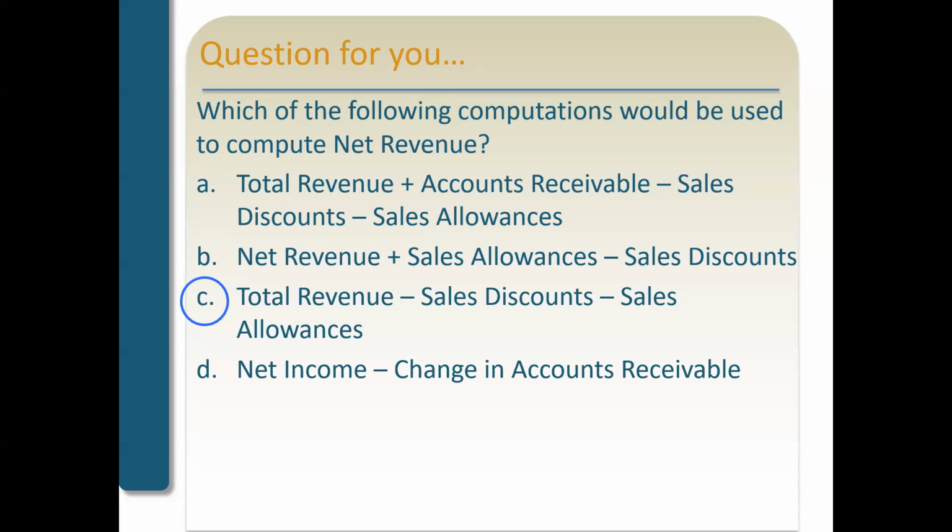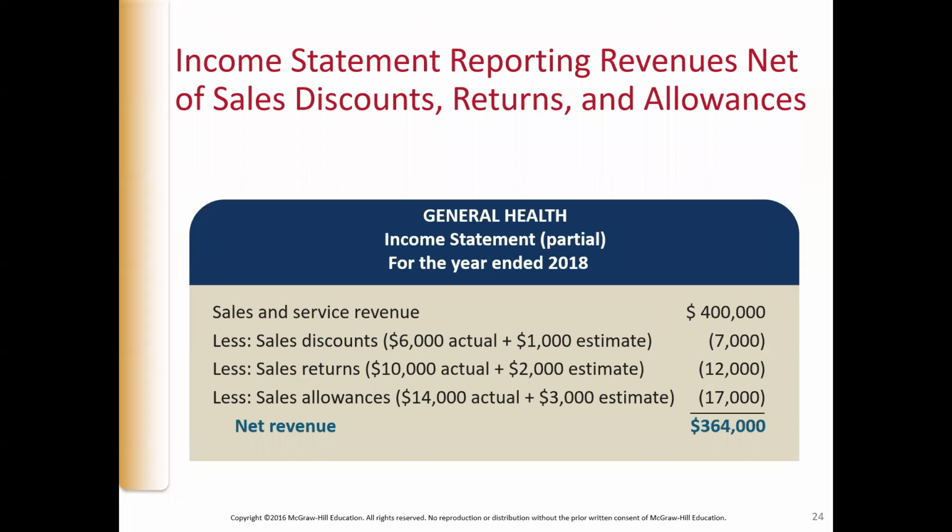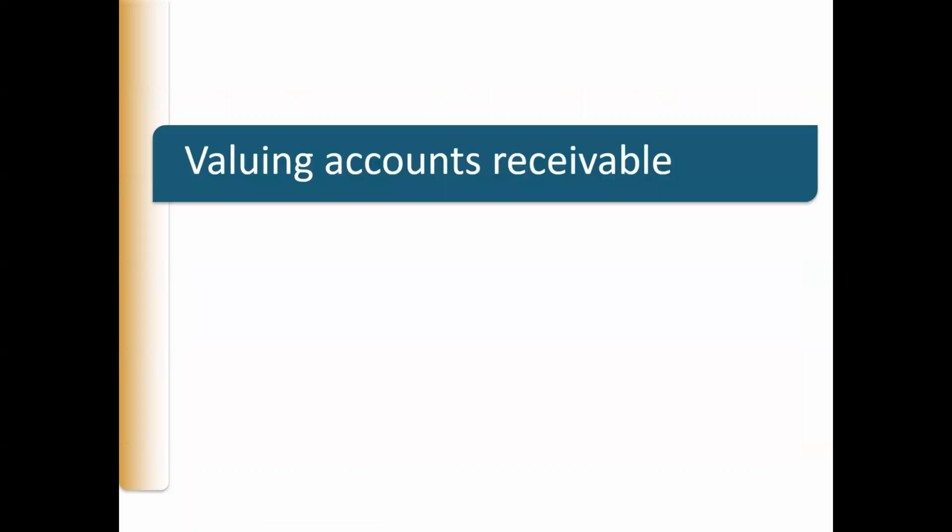Total revenue minus the sales discount minus the sales allowance. Okay, so now we see on the income statement, we will show our sales revenues. We will subtract any discounts, any returns, and any allowances to come up with our net revenue.